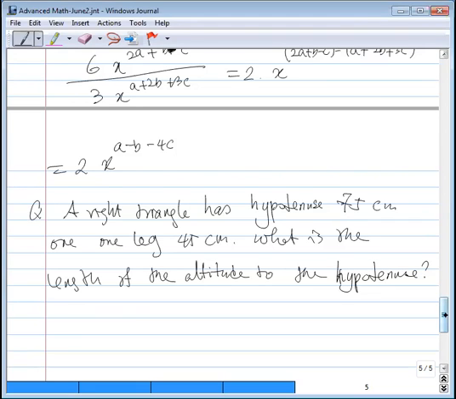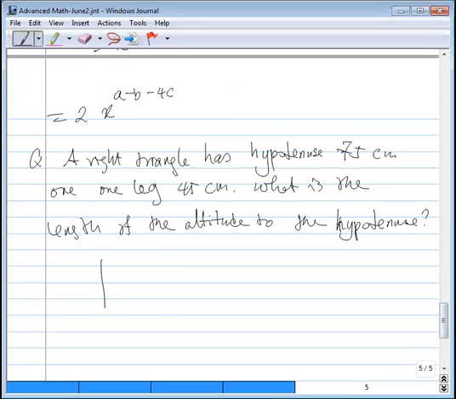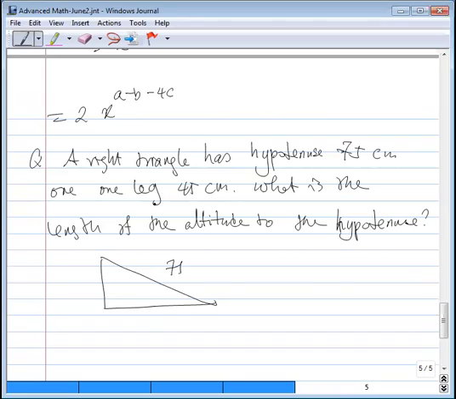Okay, first of all, you have to draw the picture. So this side is 75, and the other side is 45. You are looking for this H.